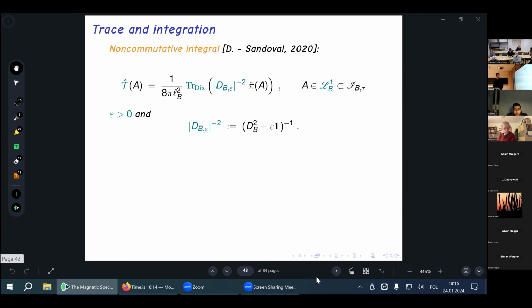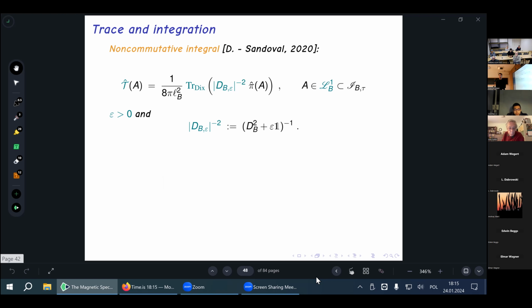Here we are in the continuous setting. Then we can prove this formula. This epsilon is just a regularization because there is a ground state, a zero energy level, in the Dirac operator. When I compute the inverse, I need just to regularize. But the value of the trace is independent of the regularization.